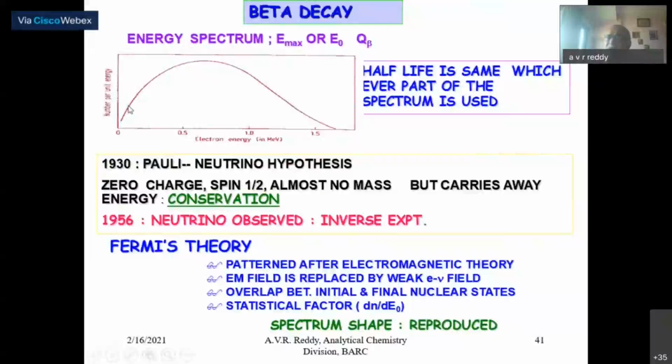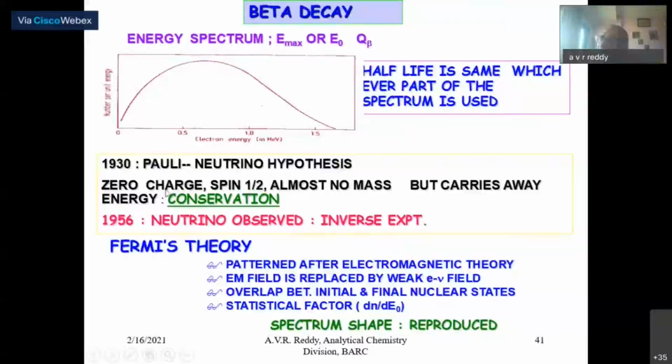Beta energy is continuous, and any part of this spectrum represents the parent's decay, that is the half-life, and spin and energy were not conserved because, in principle, if the neutrino was not associated, all the betas should have this energy. But there is a variation.